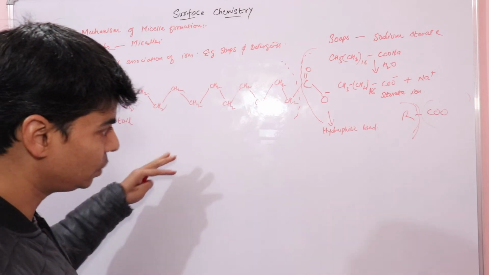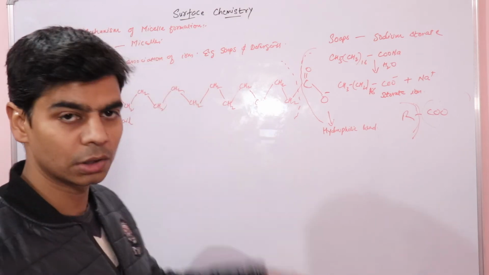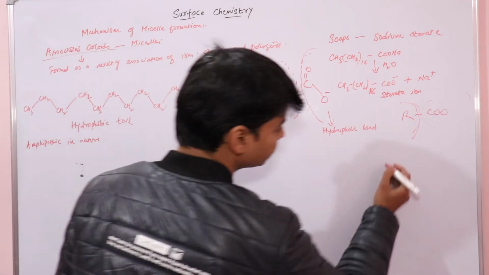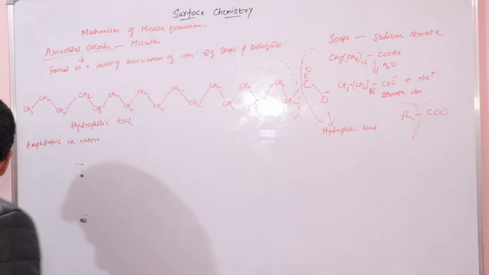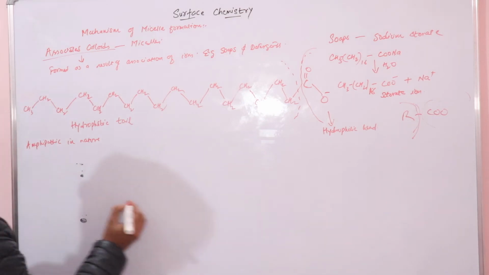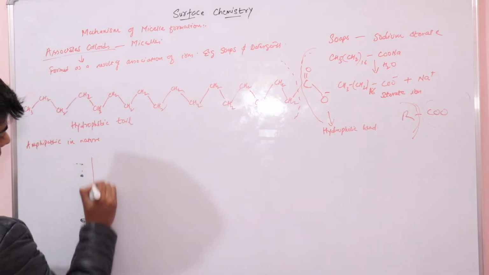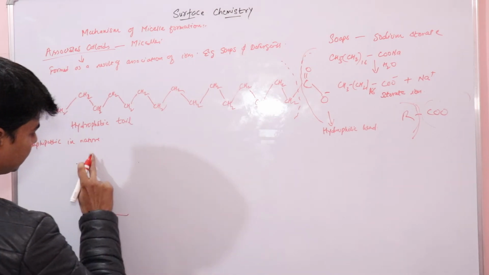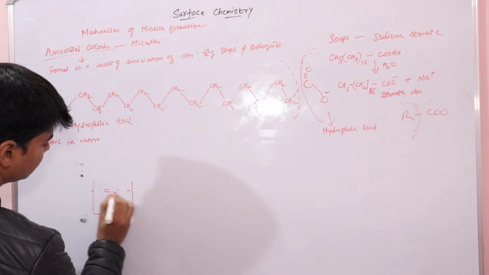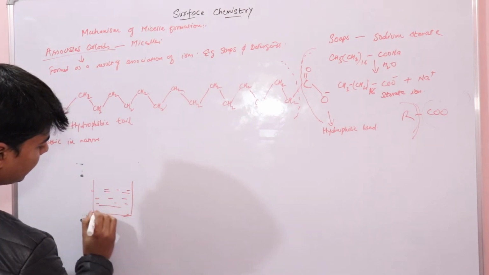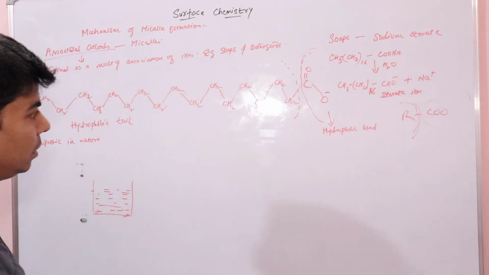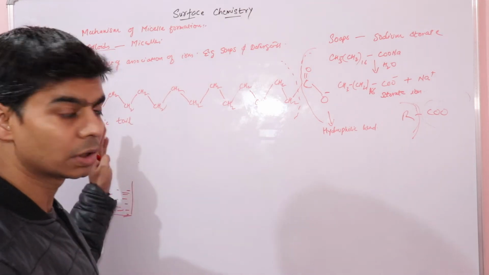So now let's see, when you add this molecule in water, how will it interact? Say you have water. Since I said that this hydrophobic end is water hating, this is water insoluble.